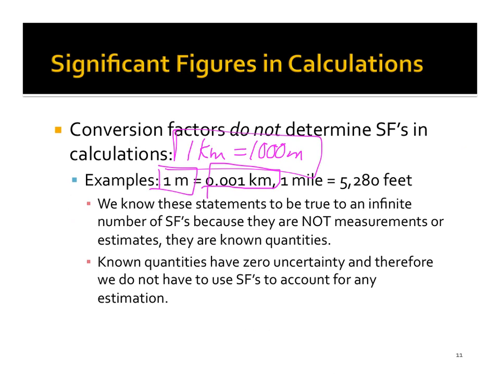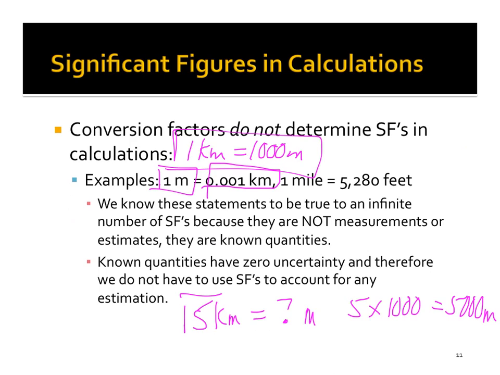So if I said you had 5 kilometers, how many meters? You would take 5 times 1,000 equals 5,000. You would round this to where it would only have one significant figure because your original only had one significant figure, and we don't care about the 1,000 since it is a constant.